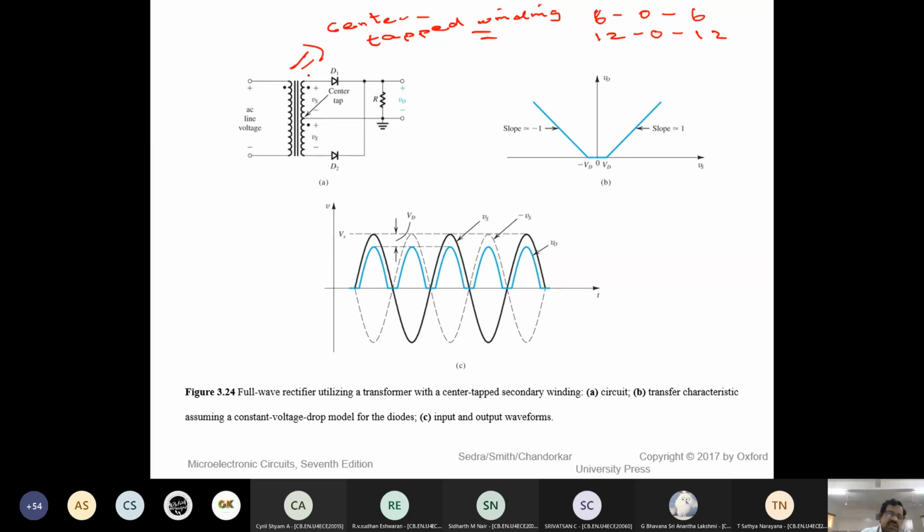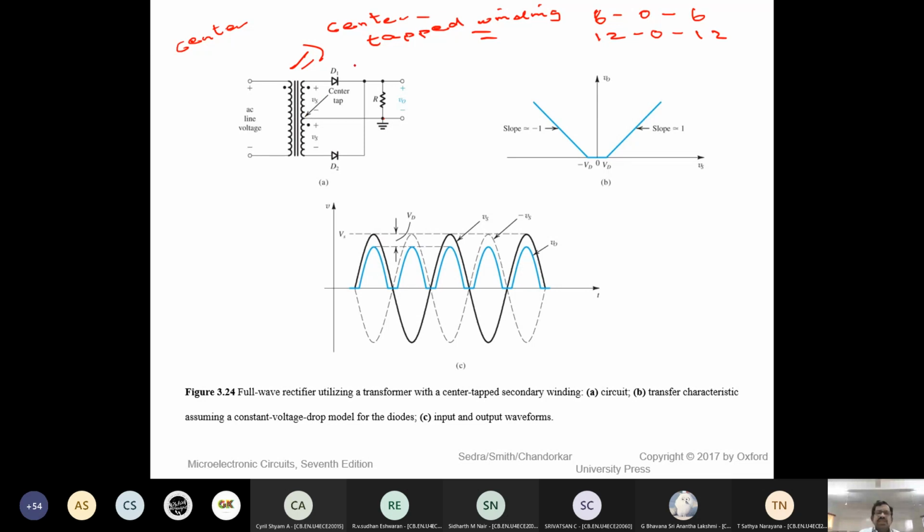Of the 3 terminals, the 2 ends are for alternating between the positive, so either current will go through this or current will go through this. The center tap is usually grounded, as shown here also. So this center tap is going and getting grounded here.